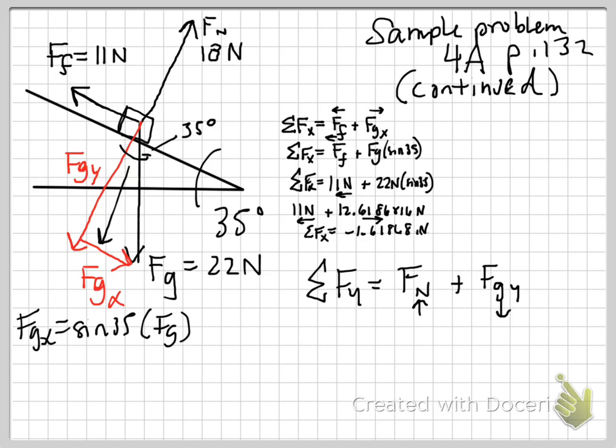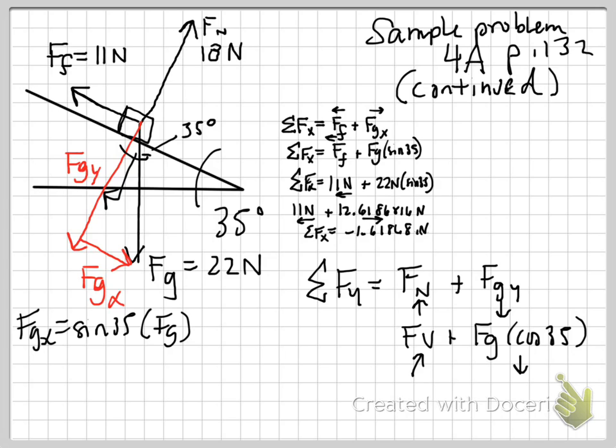So using that 35-degree angle, we know that force of gravity on the y is adjacent to the angle, so the expression for force of gravity on the y is going to be F of g times cosine of 35. And that's definitely going to be negative. Even if we use a traditional Cartesian coordinate system, it lines up the same way.